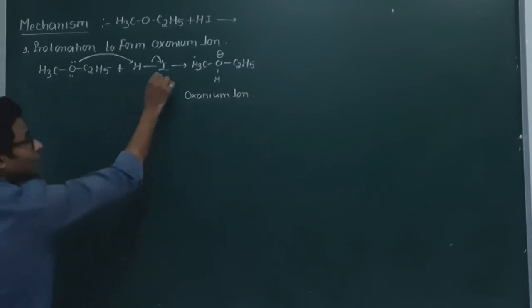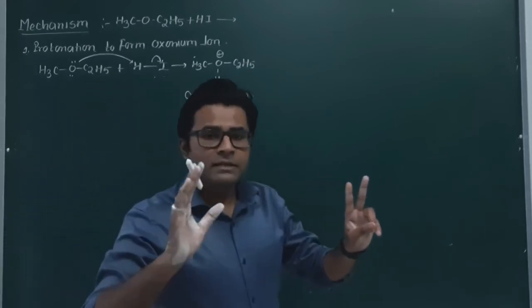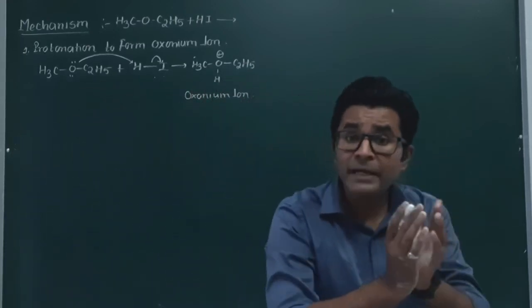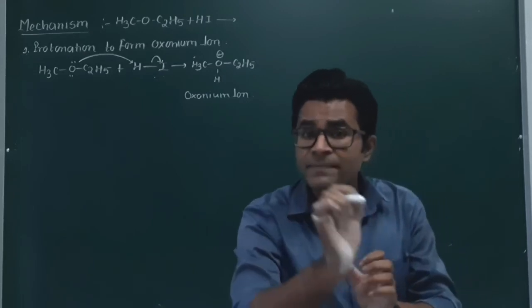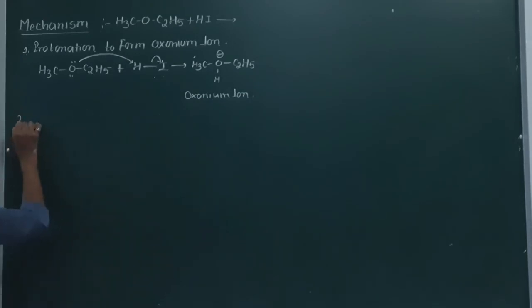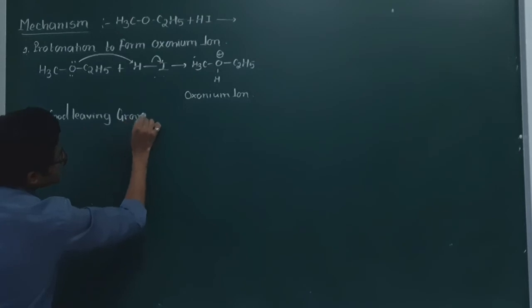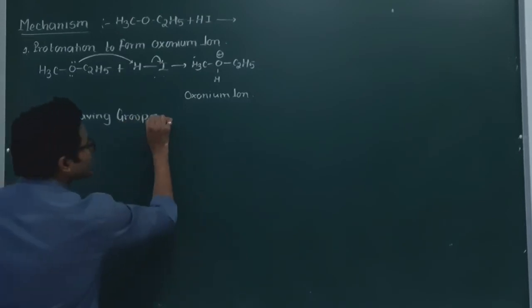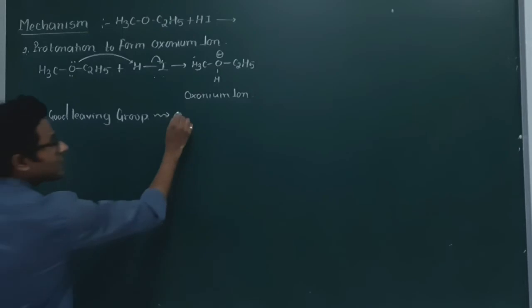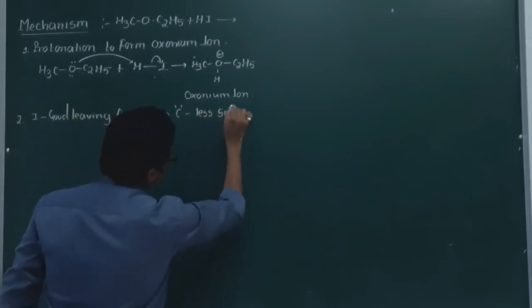Now, iodine is a good leaving group. In step number 2, we will see that the iodine usually attacks that particular carbon which is less substituted. So in step number 2, as iodine is a very good leaving group, it is going to attack that particular carbon which is less substituted.